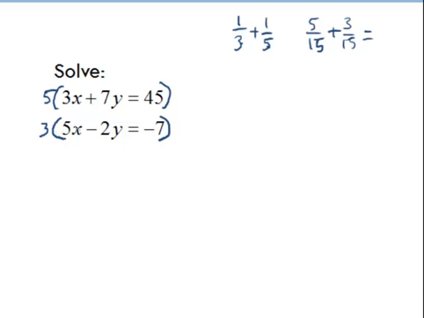What I really want is one of those to be negative, so let's multiply the bottom by a -3 instead of a +3, and I'll have 15x's on top. And on the bottom equation, -3 times 5x gives me -15x's. There's my opposite. Remember, you also need to multiply everything else in the equation.